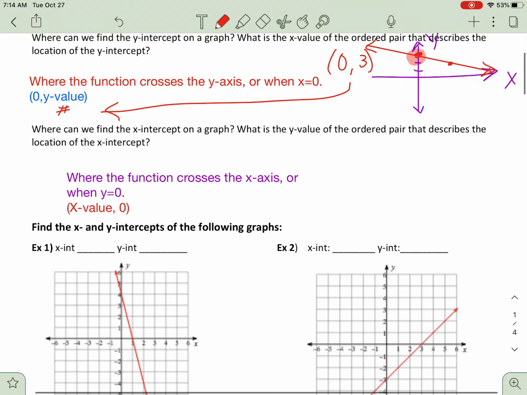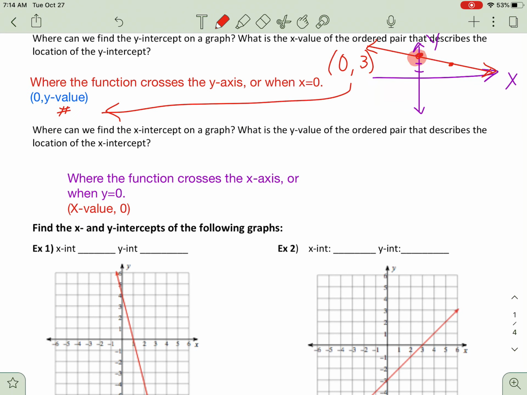That's the y-intercept. And on the flip side, where can we find the x-intercept on a graph? What is the y value of the ordered pair that describes the location of the x-intercept? So the x-intercept is where the function crosses the x-axis, or when y equals 0. So in an ordered pair, it'd be some number, 0. So again, similar idea.